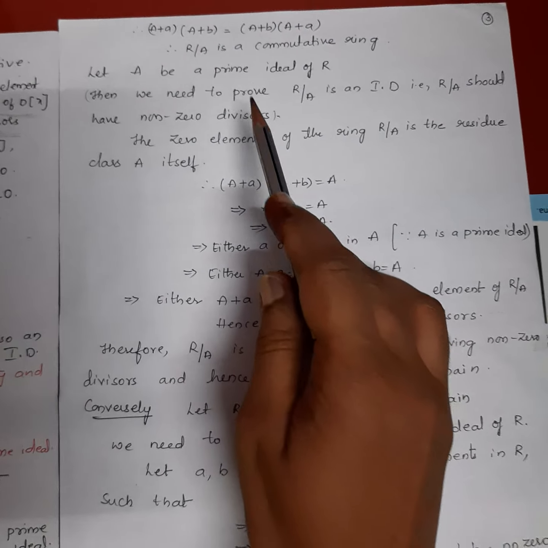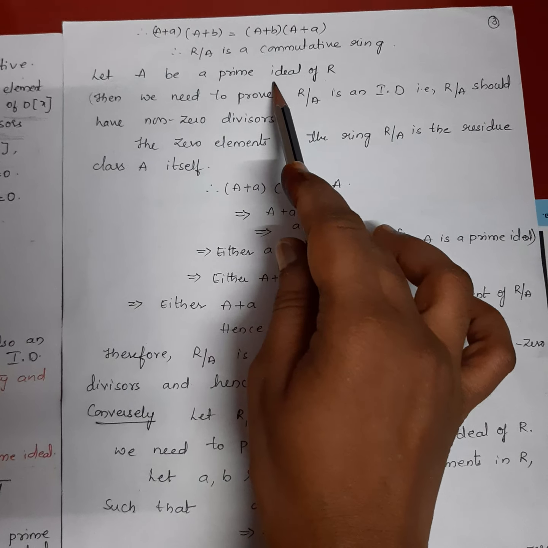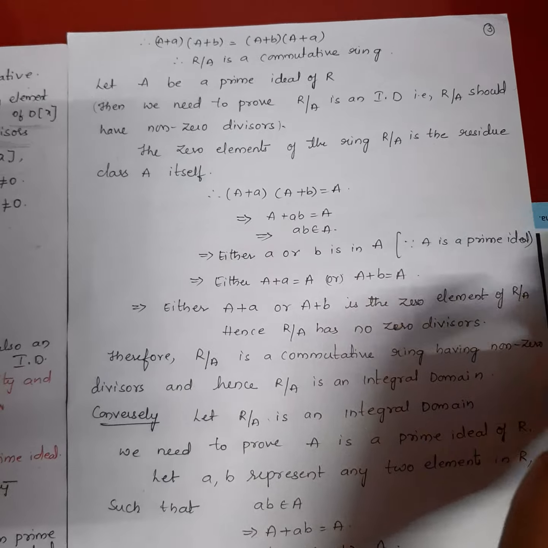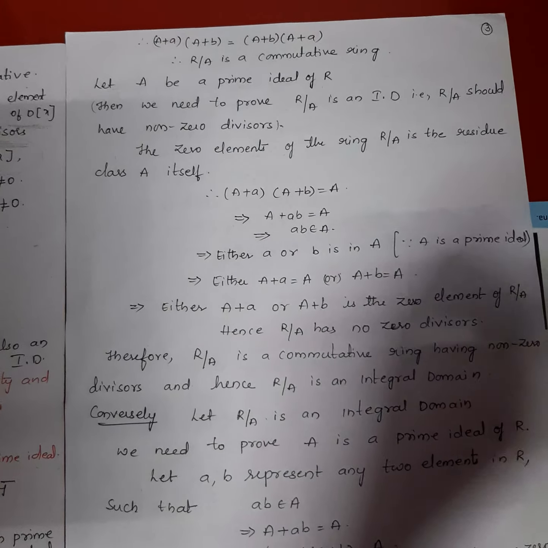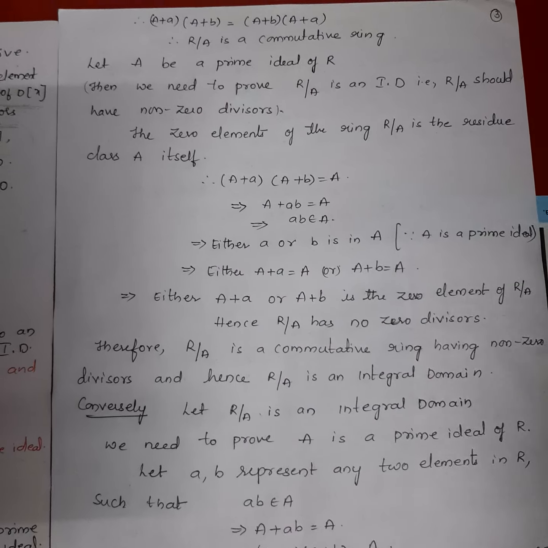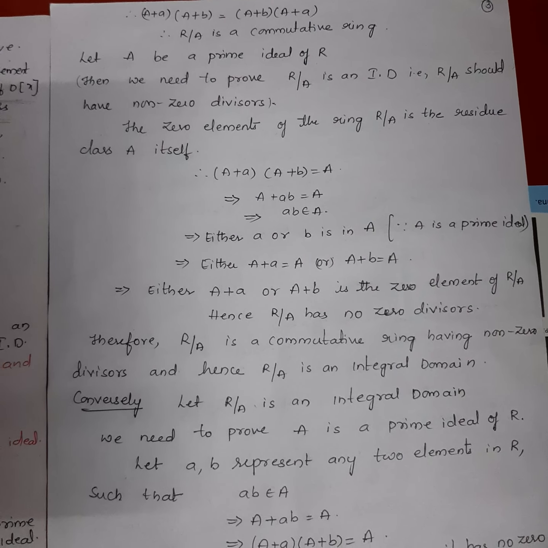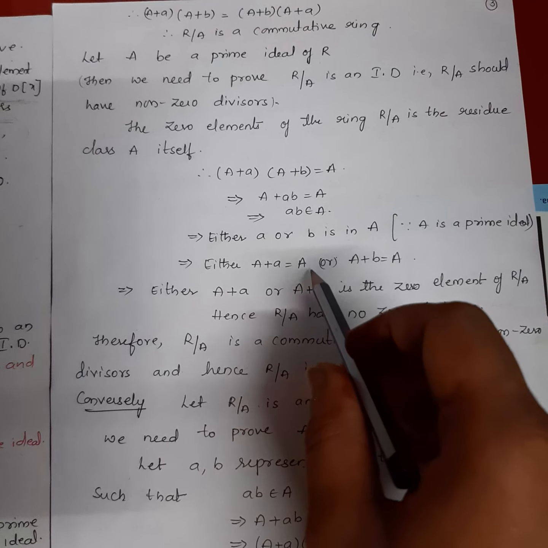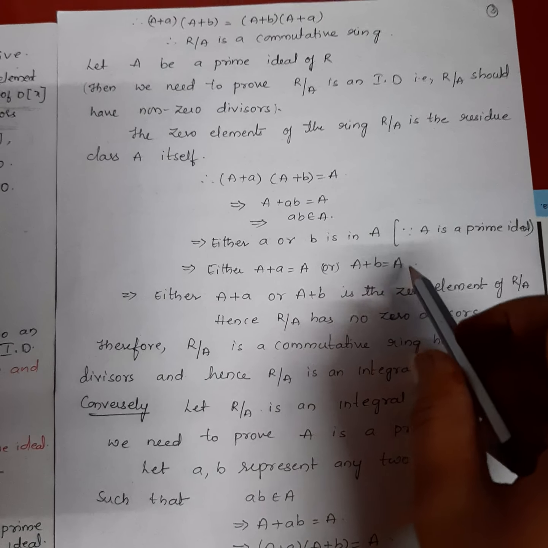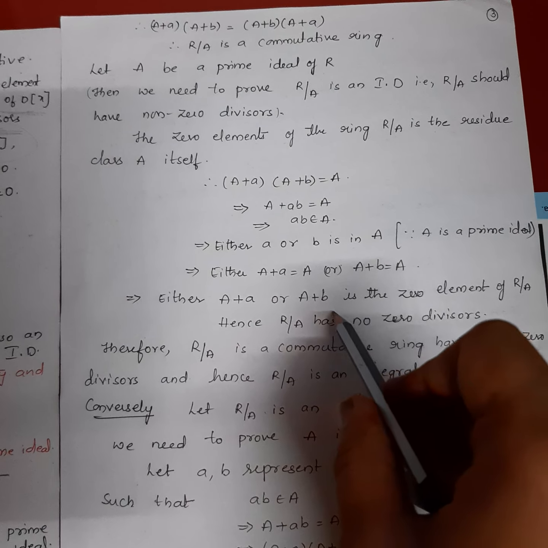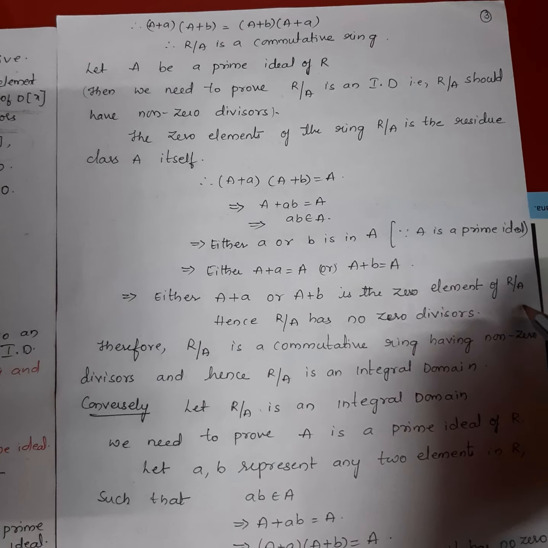What is the prime ideal definition? If ab belongs to A, then either a belongs to A or b belongs to A. You have to remember the prime ideal definition. From here I am writing either a + A = A or b + A = A. Either a + A or b + A is the zero element of R/A.